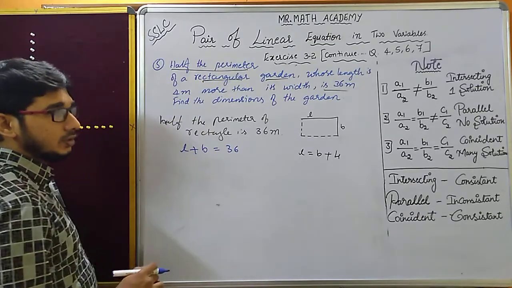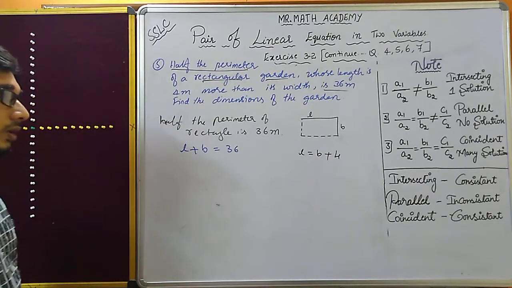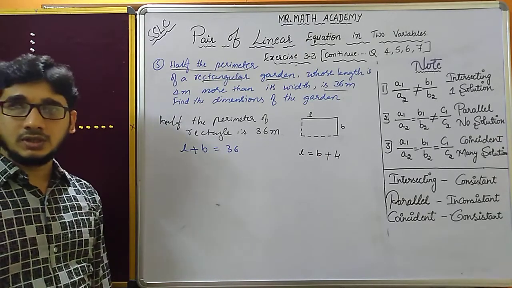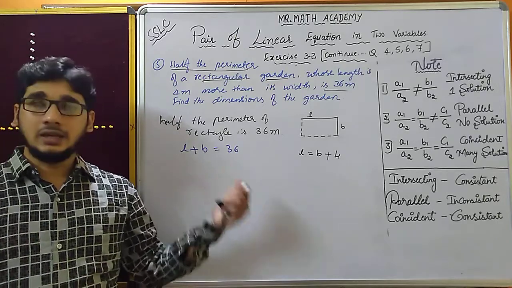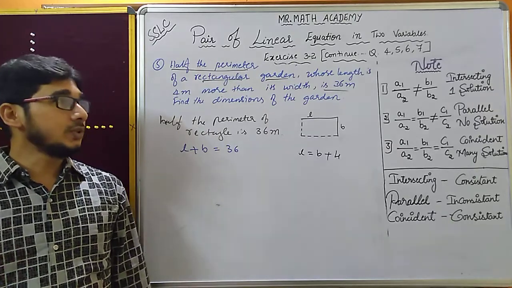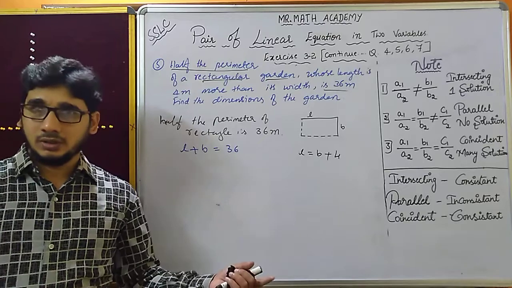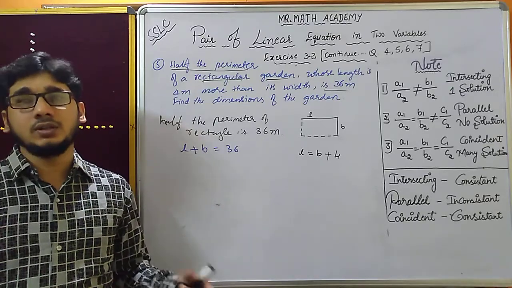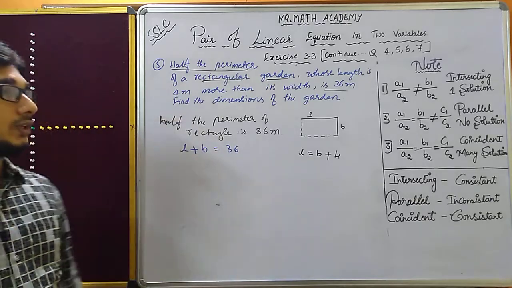This is one equation, and length is equal to breadth plus 4 is another equation. Now let us solve both equations. Either you can solve graphically or by the elimination method. But in the exam, if they specify graphically, you have to go for graphically only. If they don't specify anything, it is easier to go for the elimination method.